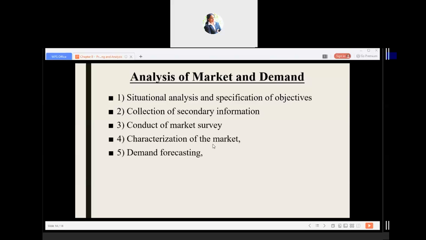Now, there are hundreds of statistical methods which can be considered while analyzing the market. Some of those are the trend projection method.